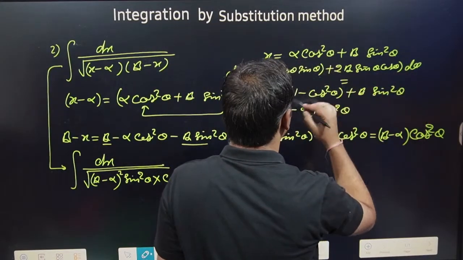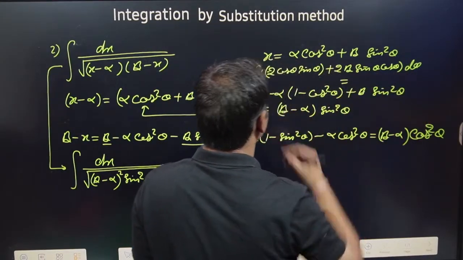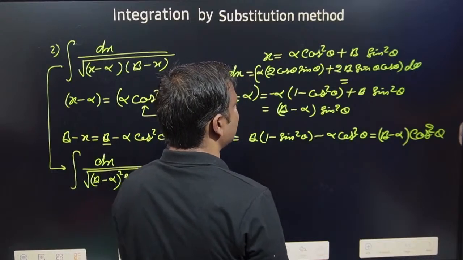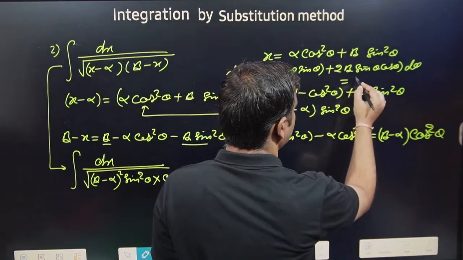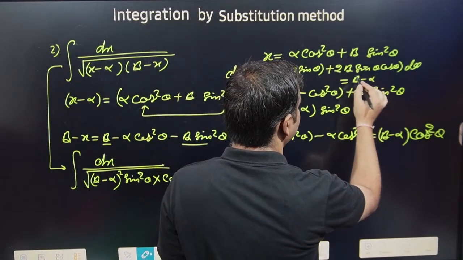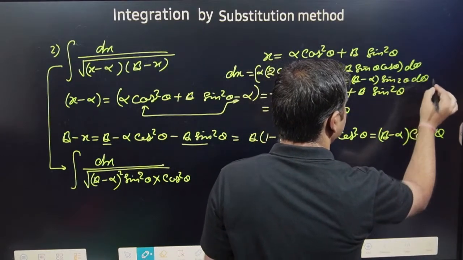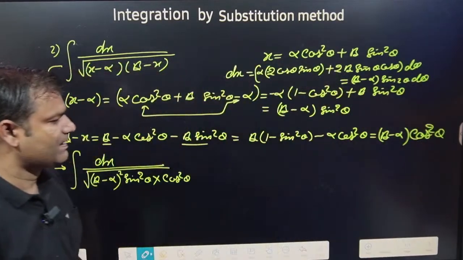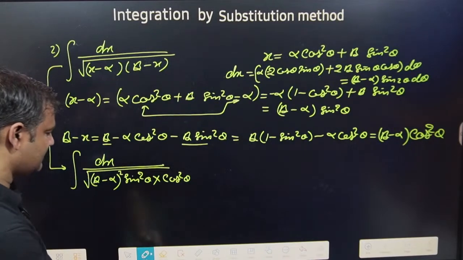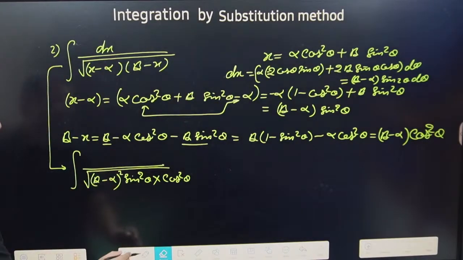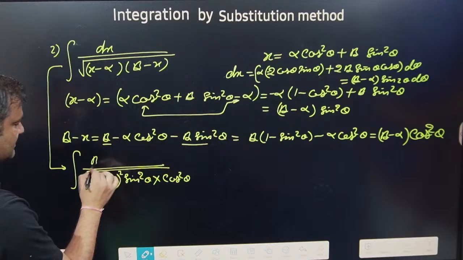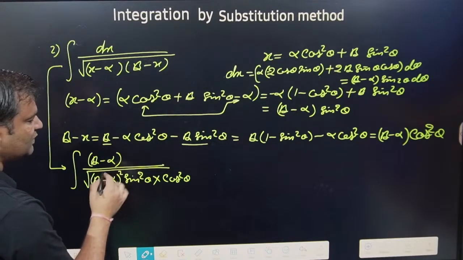So you can say that value is basically beta minus 2 times beta minus alpha into sin 2 theta d theta. So dx is replaced by beta minus alpha into sin 2 theta d theta.